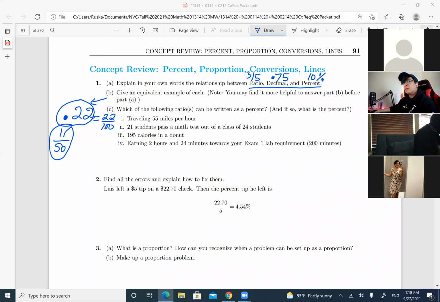Oh, somebody said 22%. Yeah, that's right. So it's going to be 22%. And if you write it as a percent, you have to put the percent symbol. So does everybody know how to change percent to decimal, decimal to percent? Yes, move the decimal 2 places to the right. Yes, that's correct. Okay, so these are the 3 different things you need to know how to change from one to another, okay?